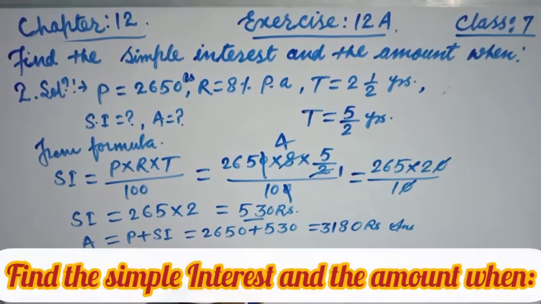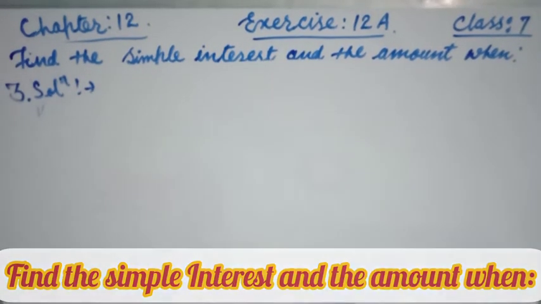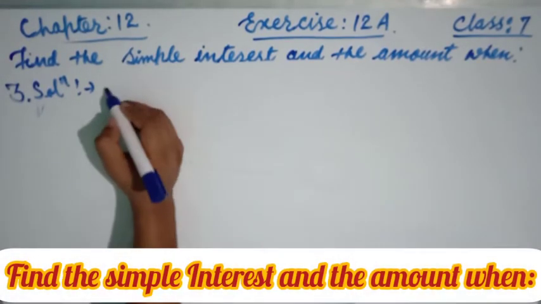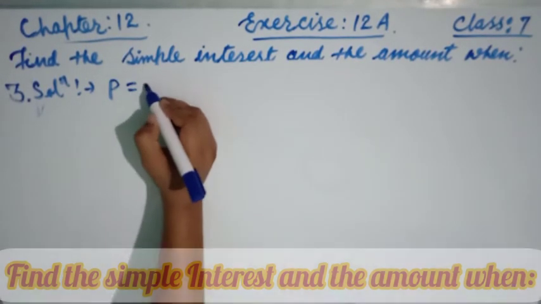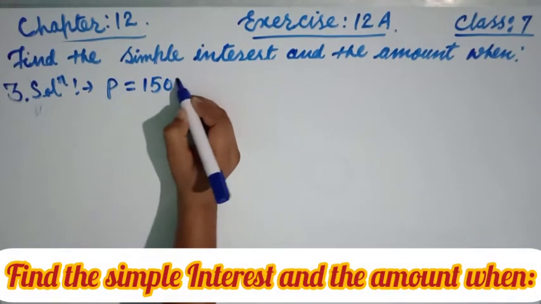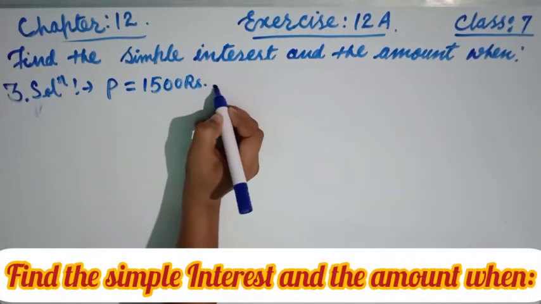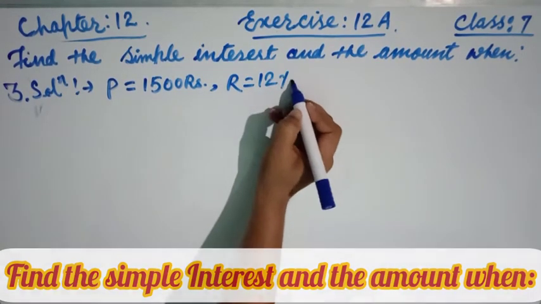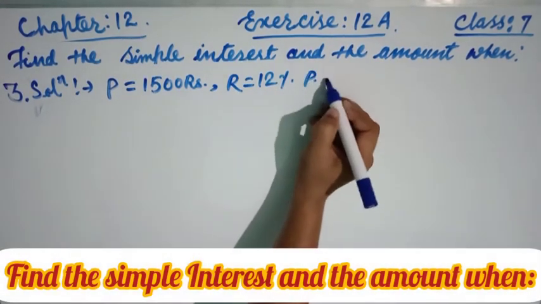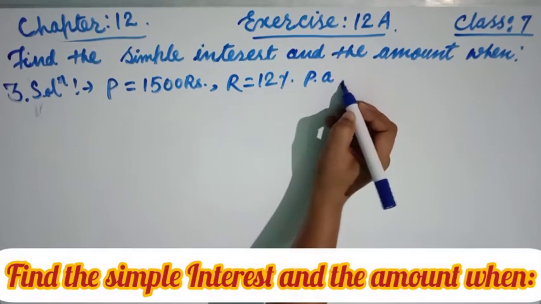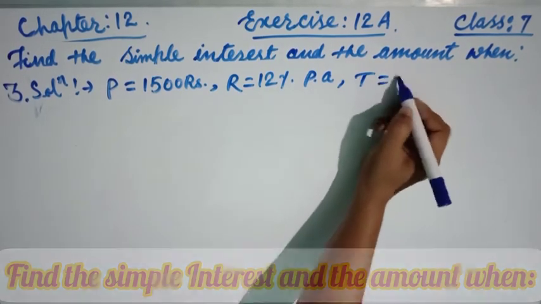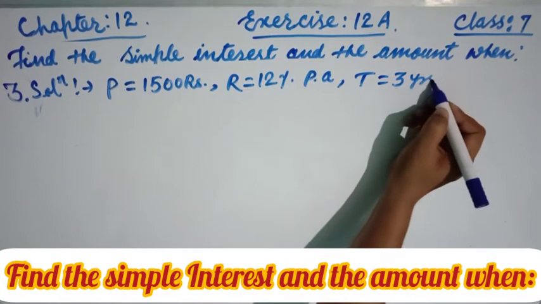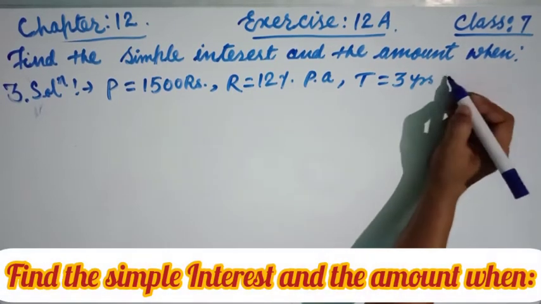Now see the next question. Now friends, question number 3 says principal P is given 1500. Okay, now R, rate, is given 12% per annum, and time T is given 3 years 3 months.